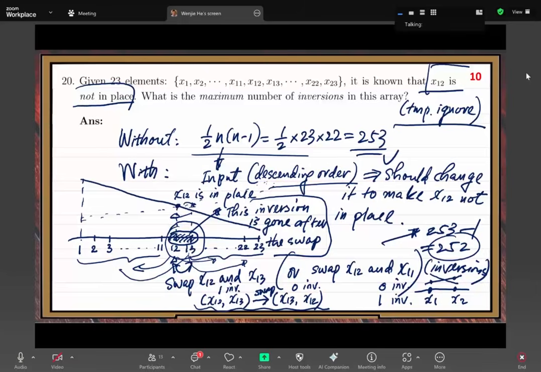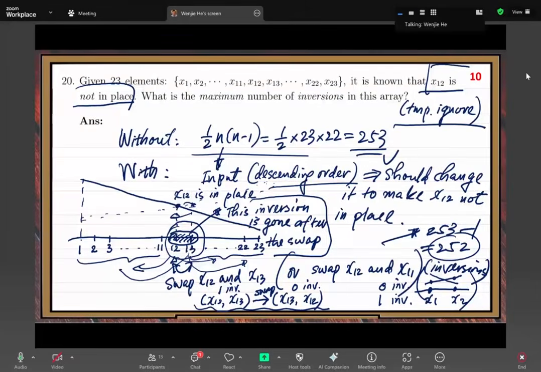Not 2. From this simple extremal case, you can easily see the change of one swap on the number of inversions. Only x1, x2. 0 and 1. Not 2. You never have 2, because in these two elements, the maximum number of inversions is 1.